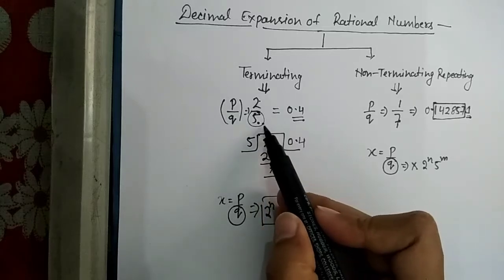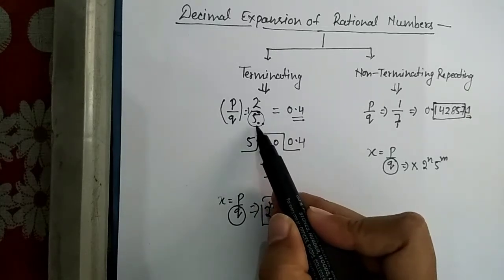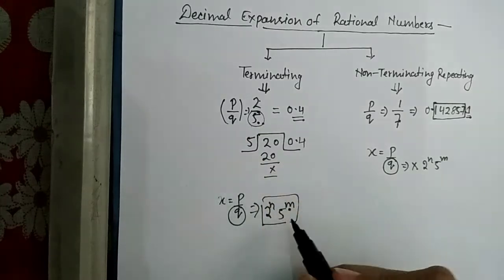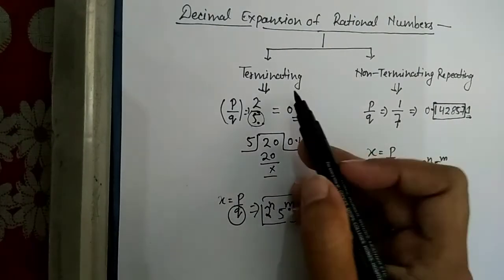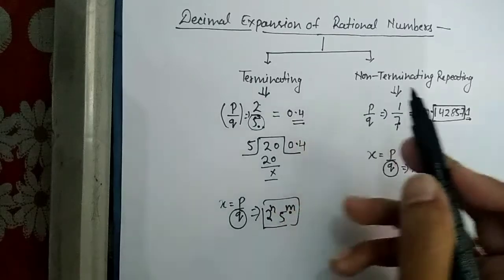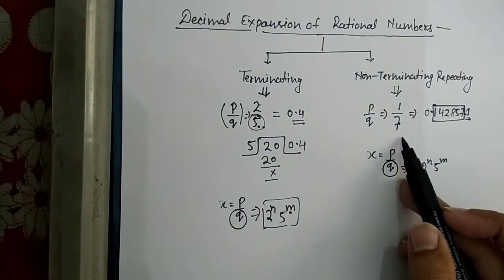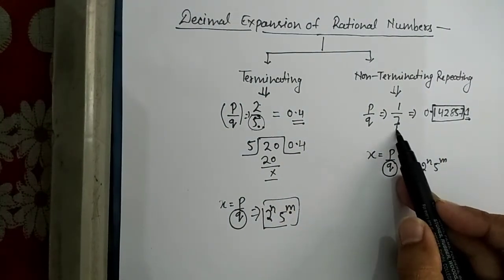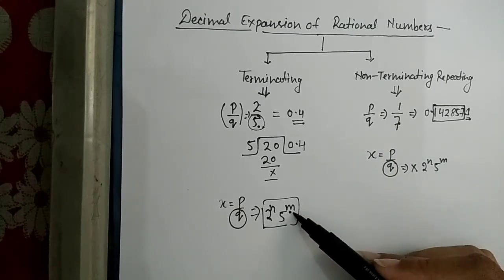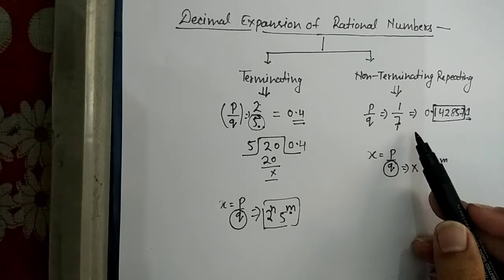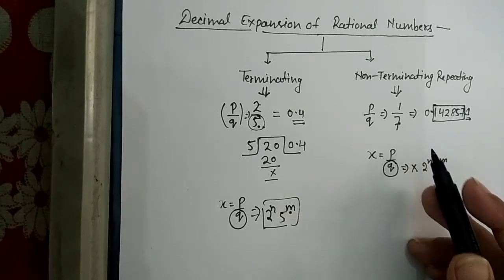Here the example is 2 upon 5, denominator is 5, this is of the form of 5 to the power m. So this is a terminating expansion. And here the example is 1 upon 7, denominator is 7, it is not of the form of 2 to the power n, 5 to the power m. So this is non-terminating repeating expansion.